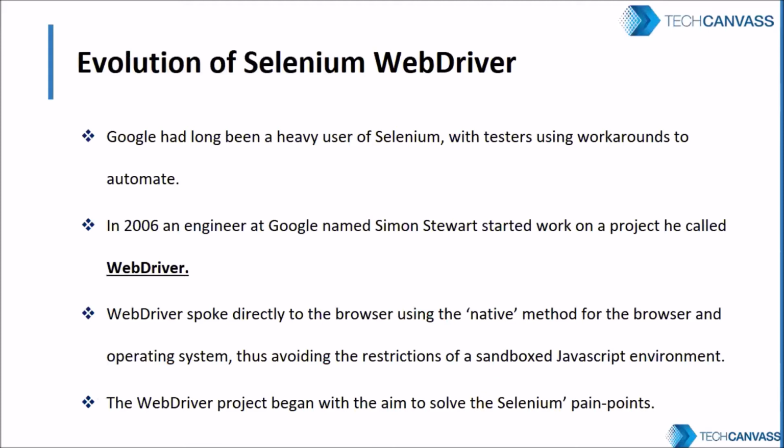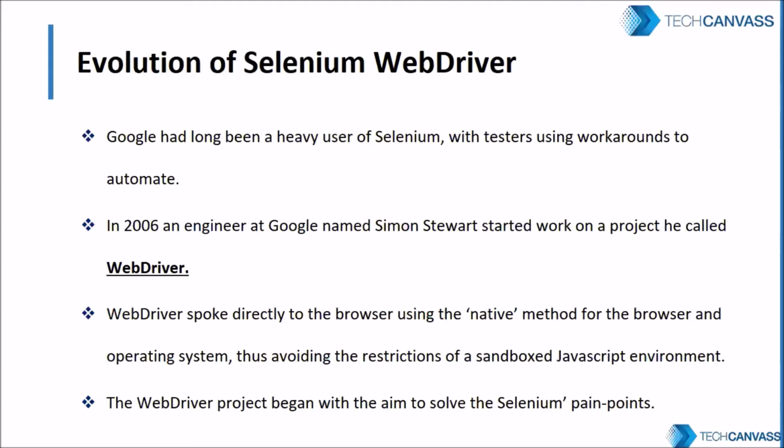Because JavaScript did not support everything, testers had to do a lot of workarounds to automate the test cases. So in 2006, an engineer at Google named Simon Stewart started to work on a project he called WebDriver. WebDriver spoke directly to the browser using native methods for the browser and OS, thus avoiding the restrictions of the JavaScript environment.